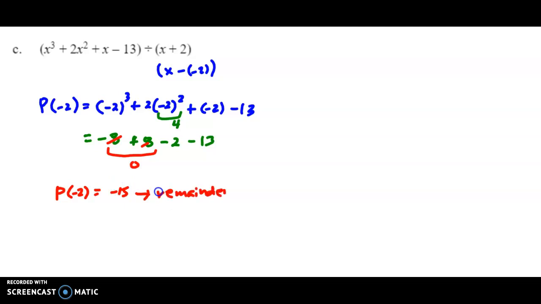Okay, which means that x plus 2 is not a factor by the factor theorem. Okay, right? Meaning it does not divide nicely.